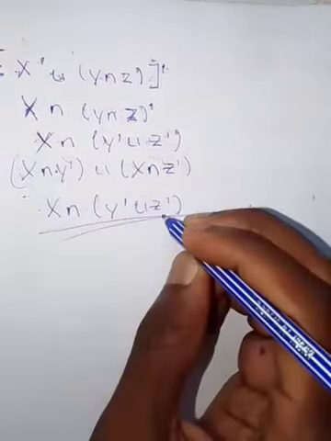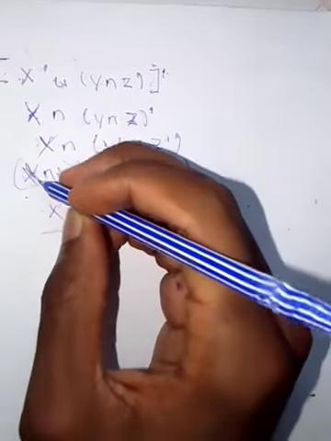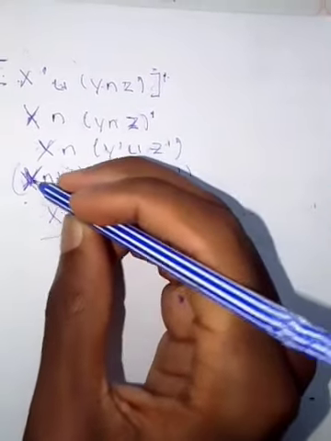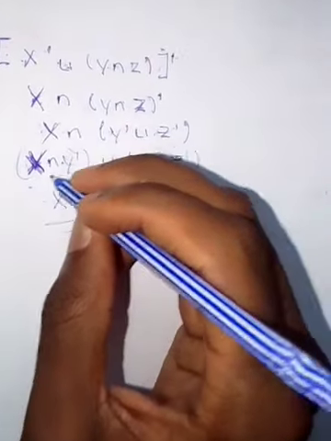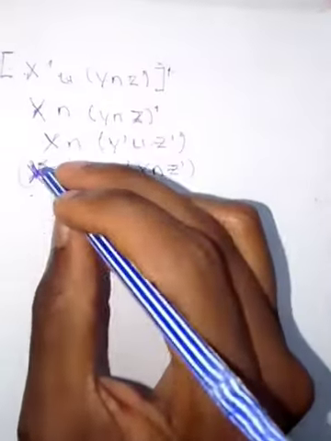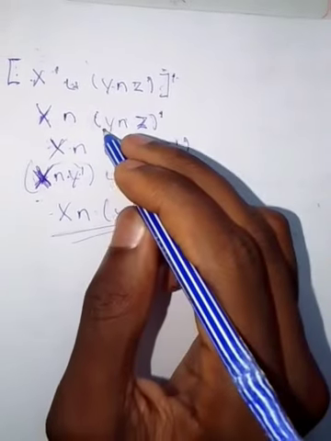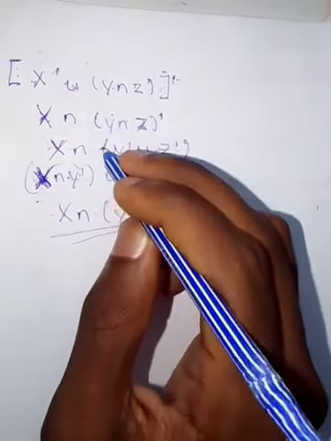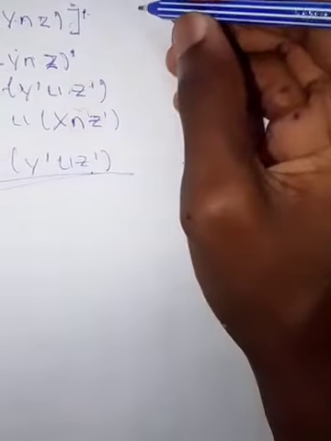So this is the simplest form, unless maybe we had y and y, we would have done something to simplify this. Since these are different, we are just going to rewind, or you can either leave it either way, you'll still be marked. So let us move to question 3.